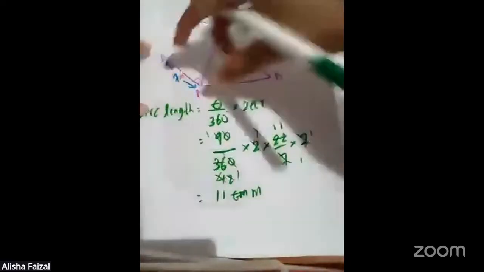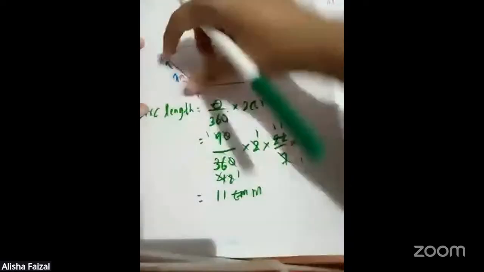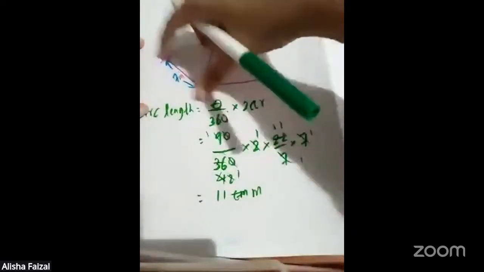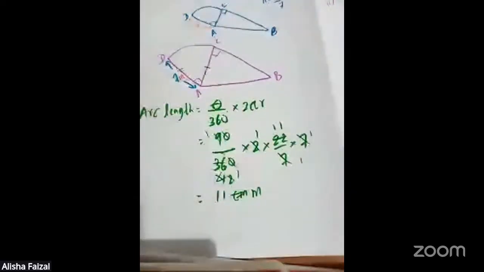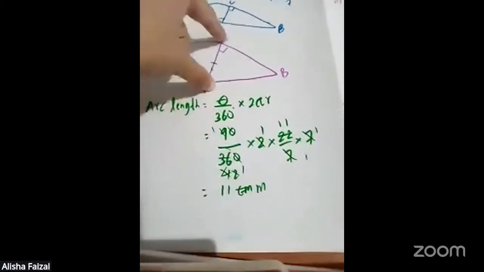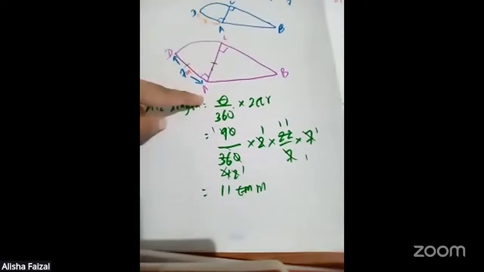This is the radius, AD. Now, AD and AC are equal. Why? This is also the radius. It directly comes like this and forms like this, which is also the radius. So AD is equal to AC.